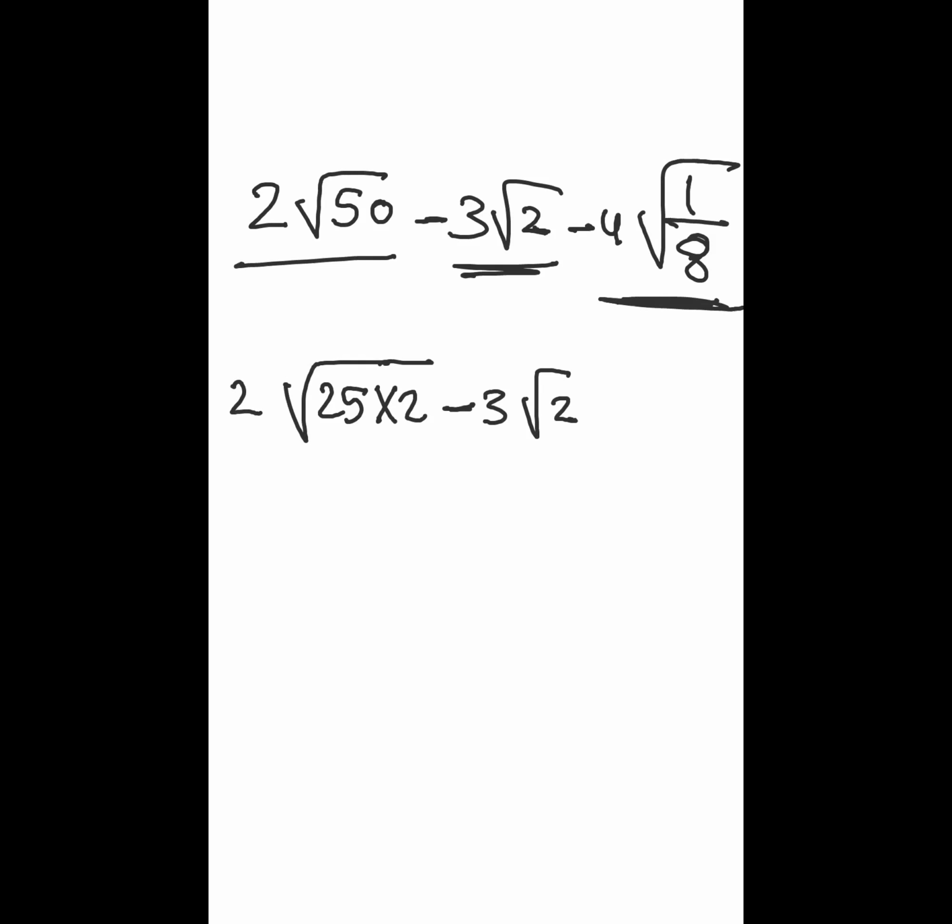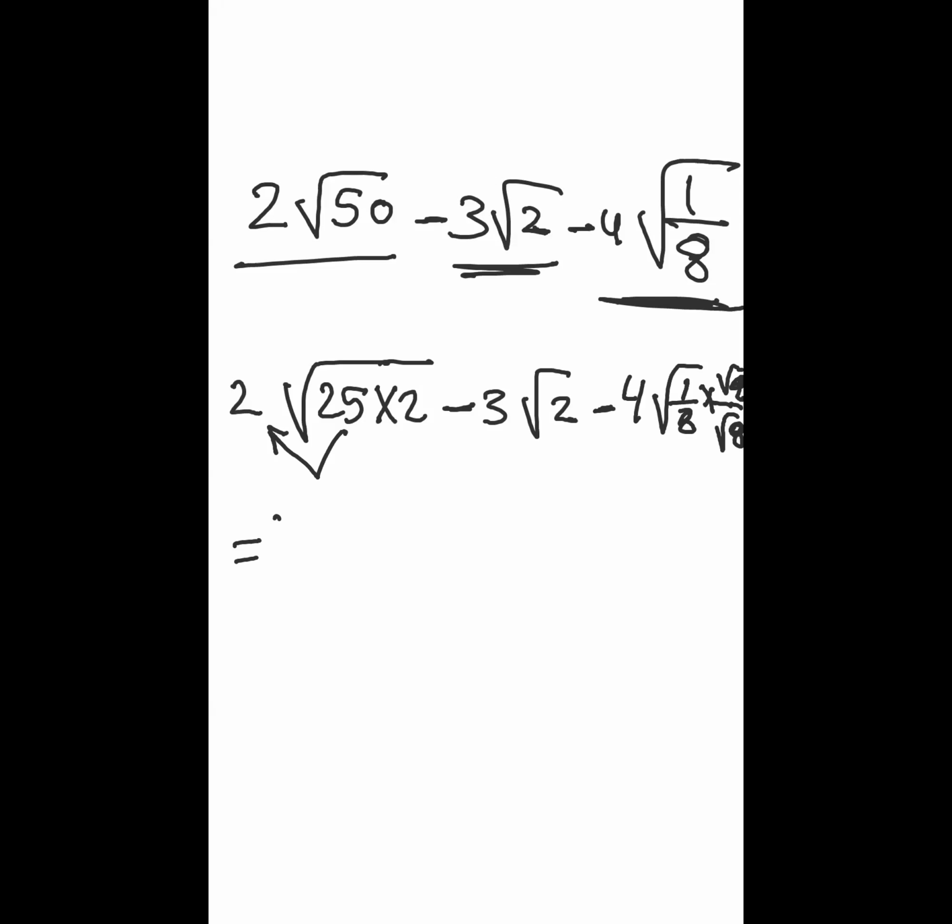I have two ways to simplify this one. The first one, which is the easiest, is 4 times square root of 1 over 8 times the square root of 8 over square root of 8. So 25 here means 5 outside the square root.